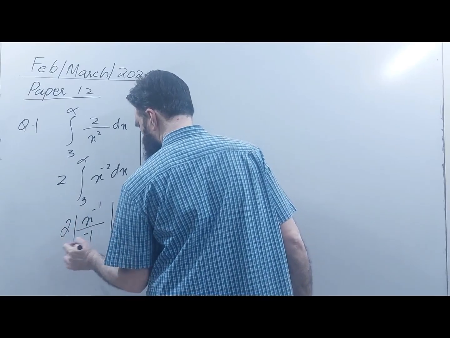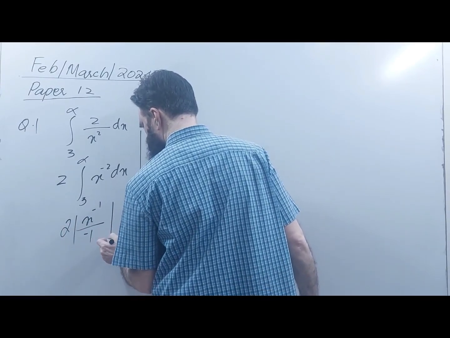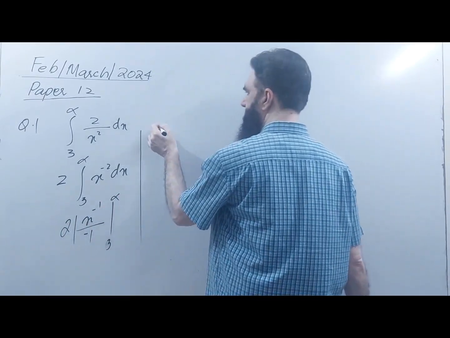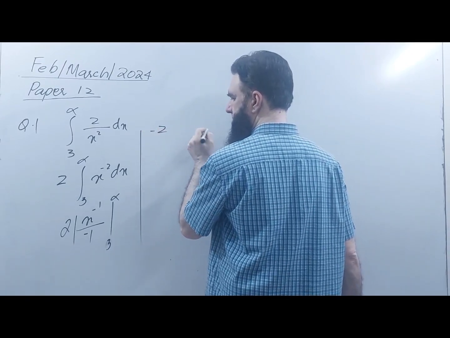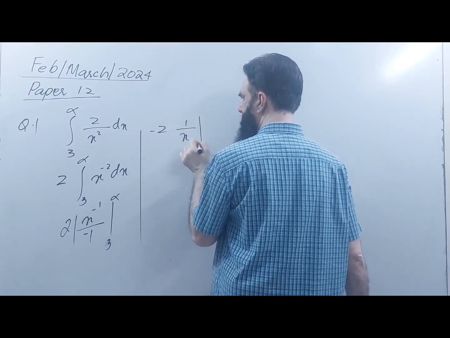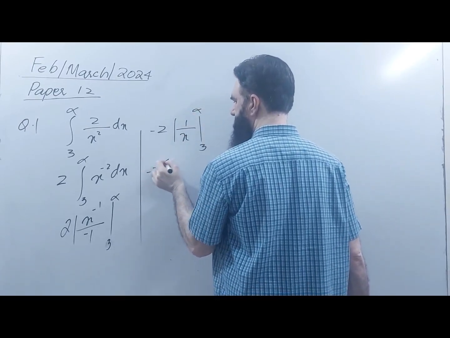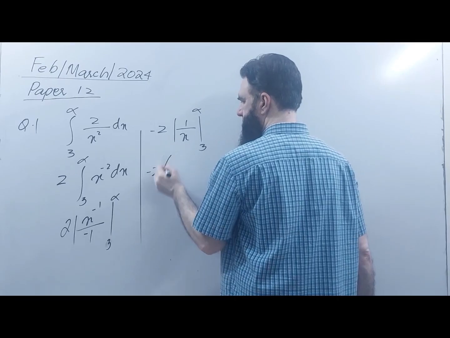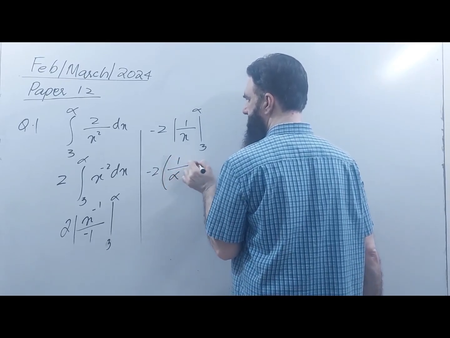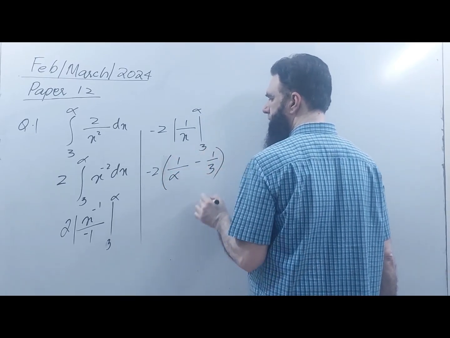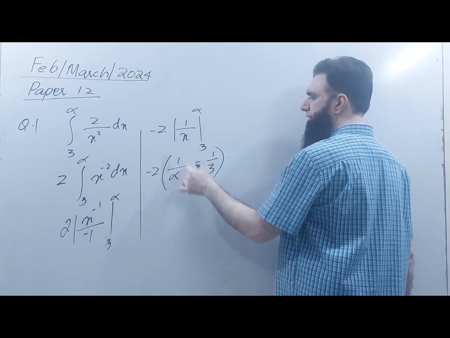So the limits are from 3 to infinity. What we get is 2 minus 1 upon x, and you put the limits 3 to infinity. So it's minus 2 times 1 upon infinity minus 1 upon 3. You know, 1 divided by infinity is 0.